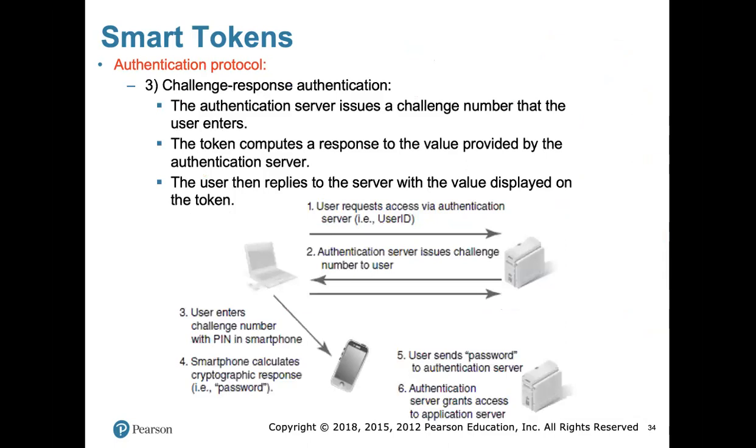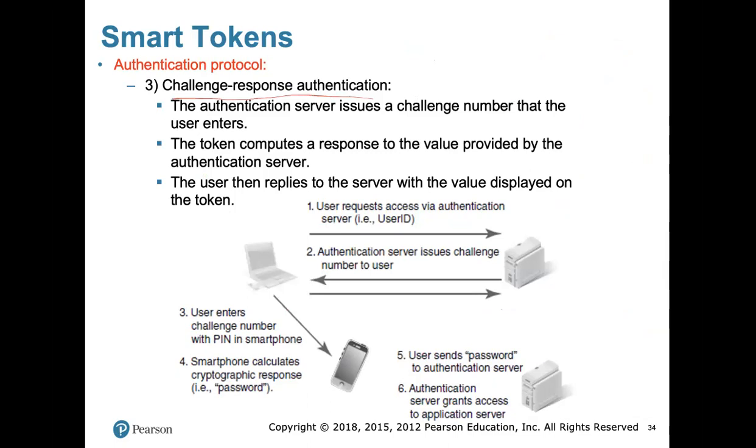Another mechanism that smart tokens may use as an authentication protocol is challenge response authentication. In a challenge response authentication, there is no sequence of known passwords between the token and the authentication server, and they work this way.